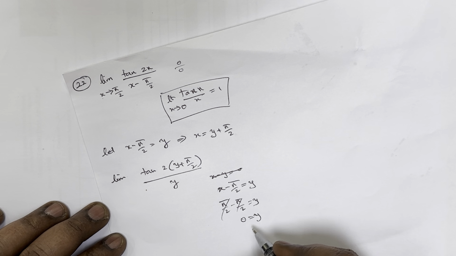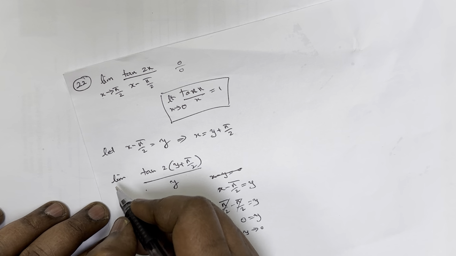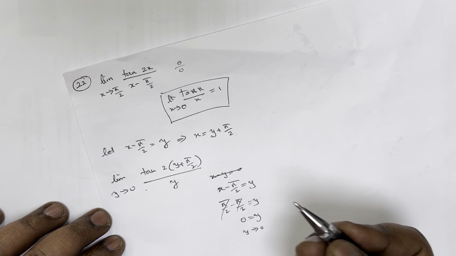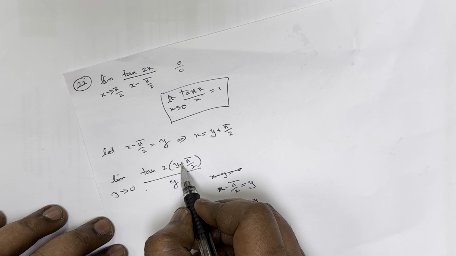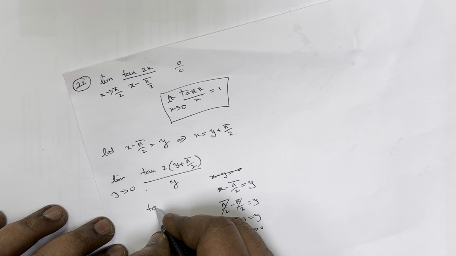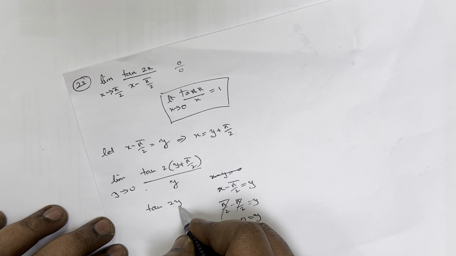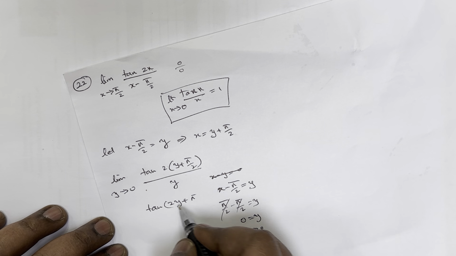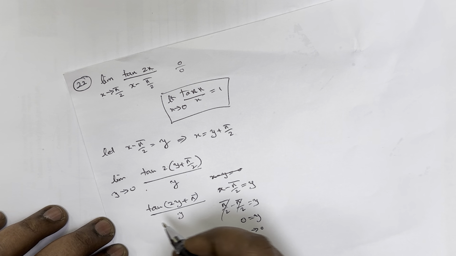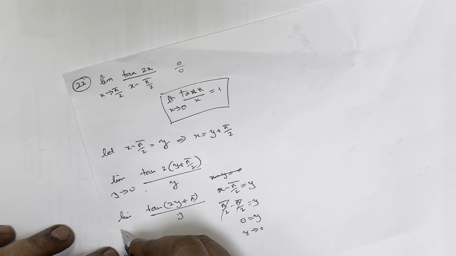That is, y tends to 0. So the limit is y tends to 0. Now let's multiply 2, so it becomes tan of 2y plus 2 into pi by 2, which is pi, all divided by y, limit y tends to 0.